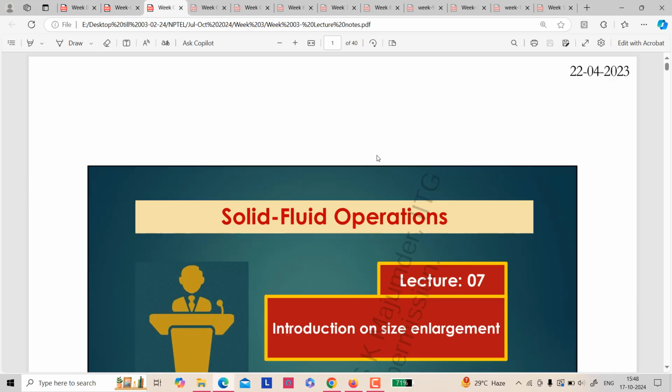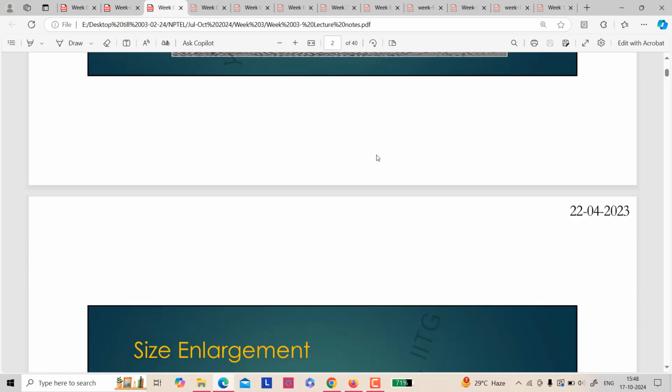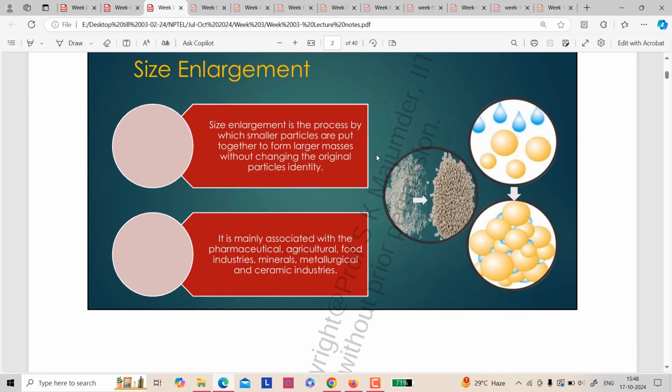In the third week, sir has taught the size enlargement technique. Size enlargement is the process by which smaller particles are put together to form larger masses without changing the original particle's identity. It is mainly associated with the pharmaceutical, agricultural, food, minerals, metallurgical, and ceramic industries.